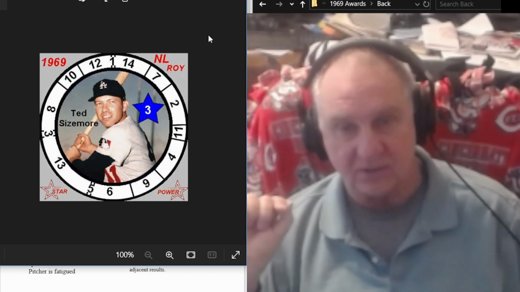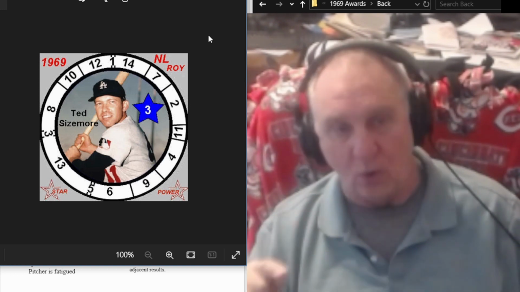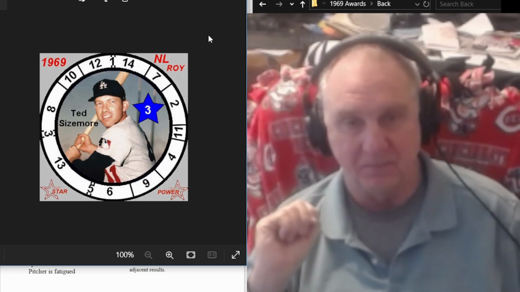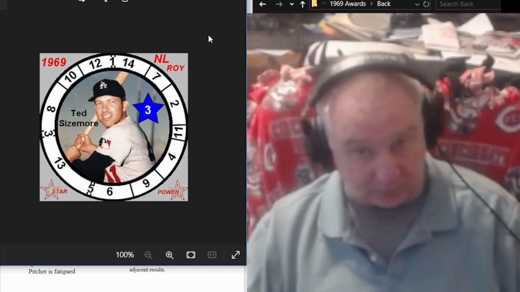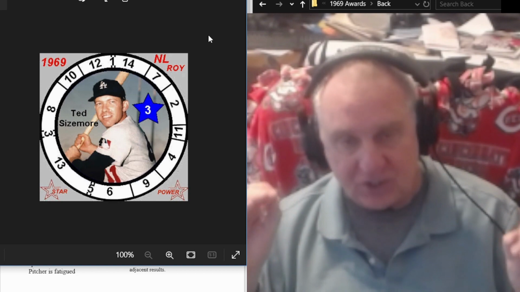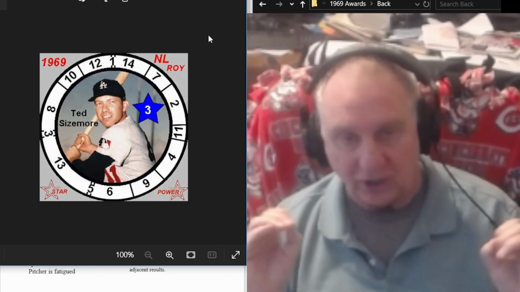Each one of those lines is approximately 1 degree thick. That means that 15 degrees out of 360 on Ted Sizemore's card are a line.